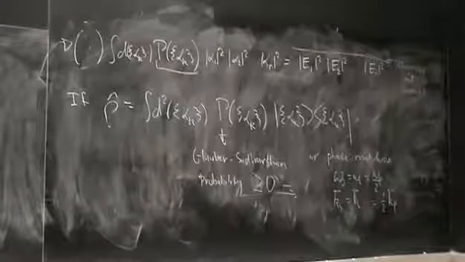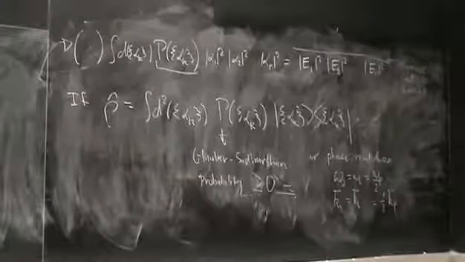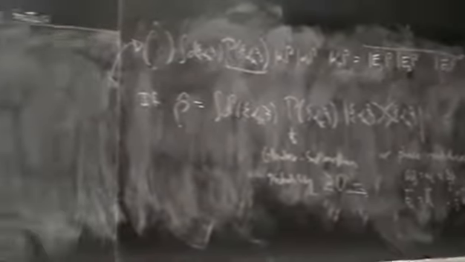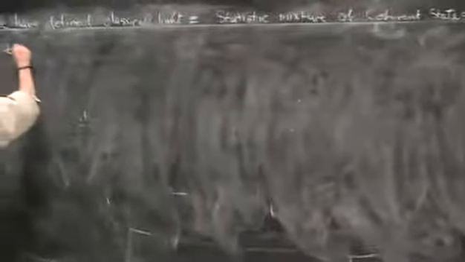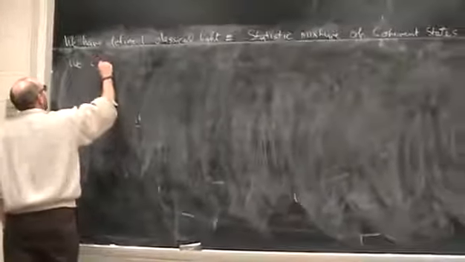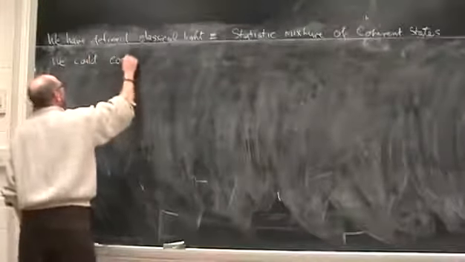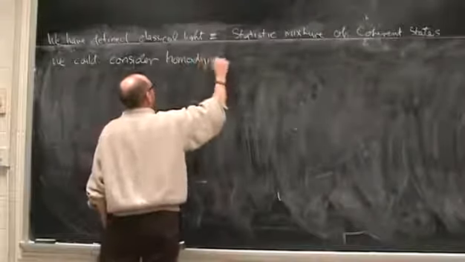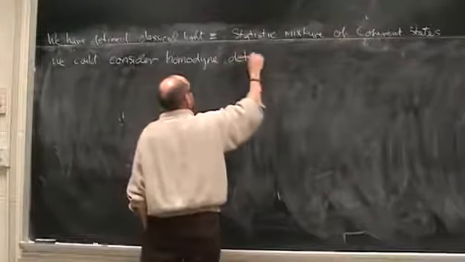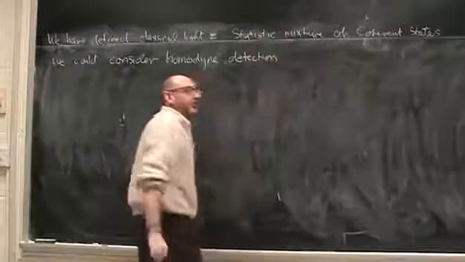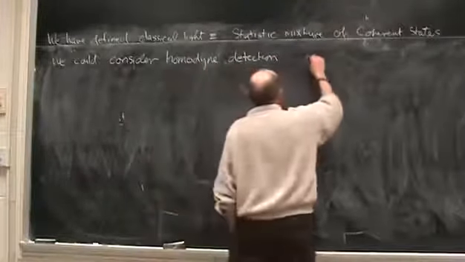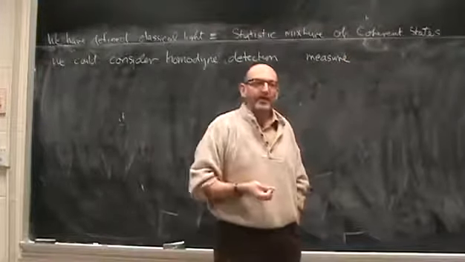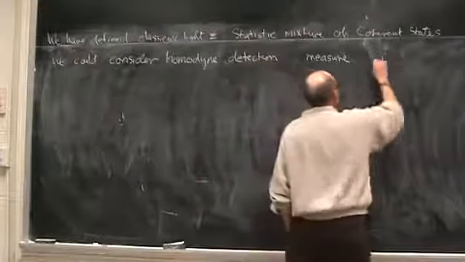So we could consider homodyne detection, in which case, for example, instead of the photon number, we measure quadratures.